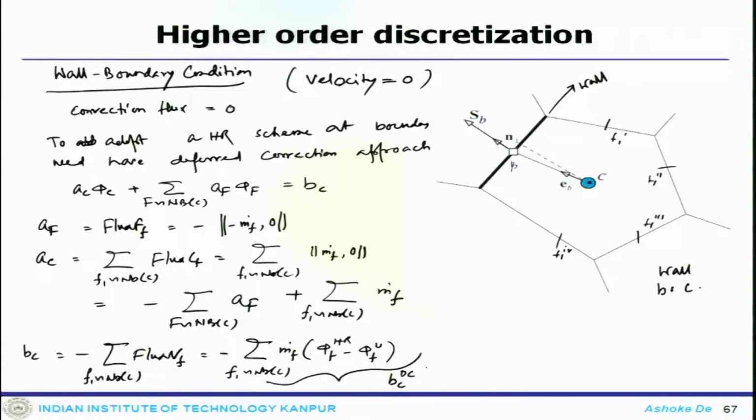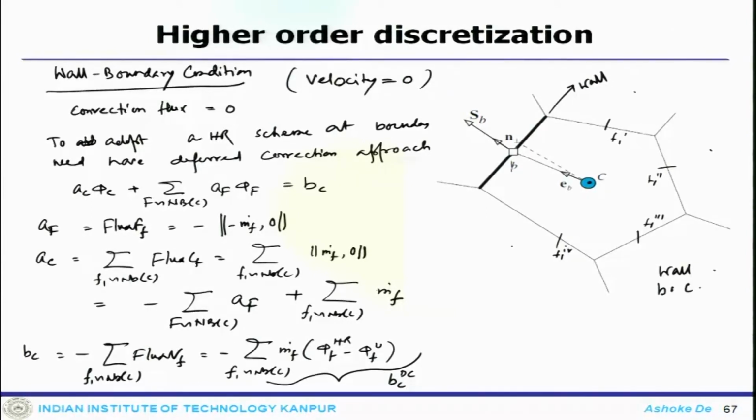F1 here also refers to all the faces belonging to the interior faces, and C is the cell which is concerned, or the owner cell, and F are all neighboring cells.